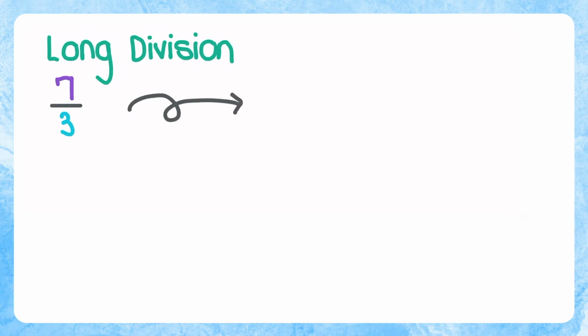In this case, we can rewrite this to find the quotient. The dividend 7 goes on the inside, and the divisor 3 goes on the outside. Then I think, how many 3's do I need to get somewhere close to 7, but under 7? And I'm like, oh, 2.